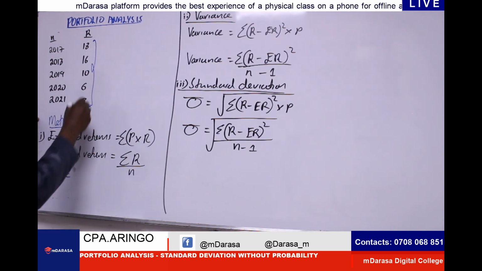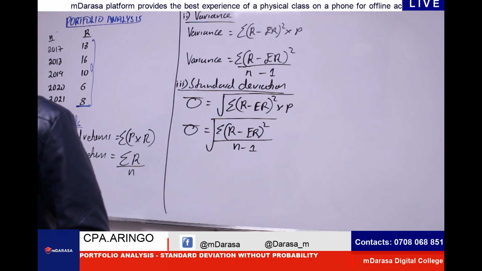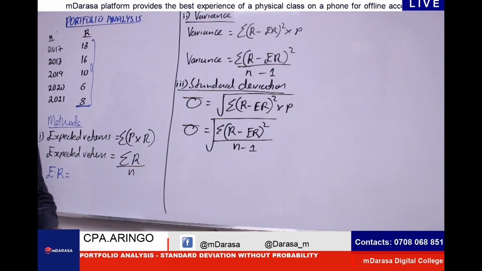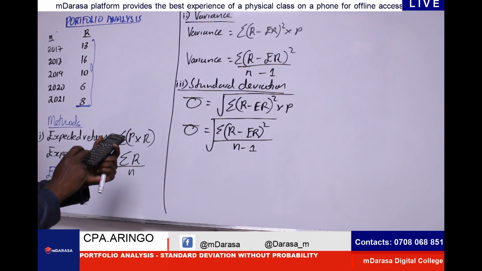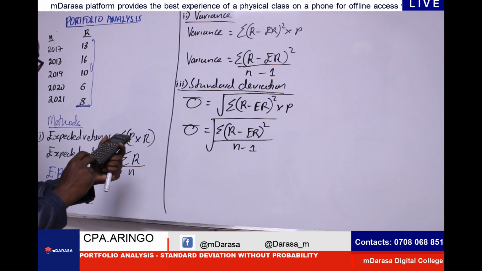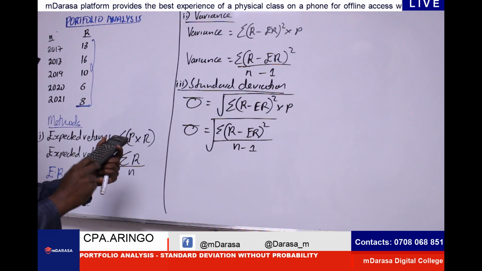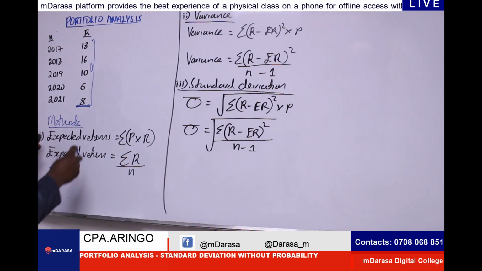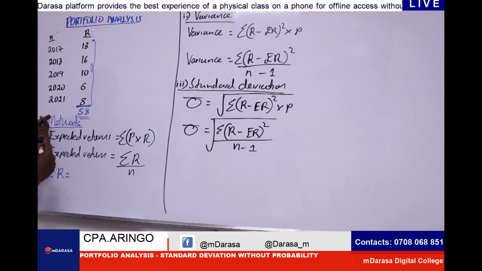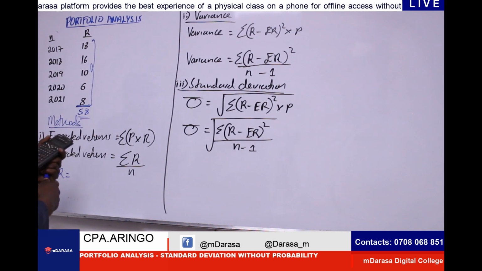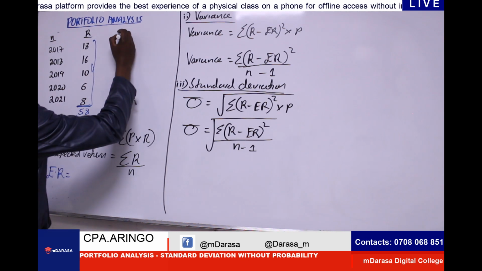Let us sum up our returns. If we sum up our returns, I'll be having 18 plus 16 plus 10 plus 6 plus 8 to give us a value of 58. So this is our summation.